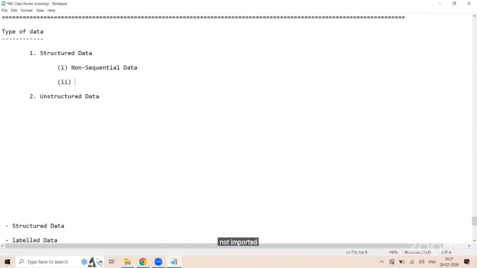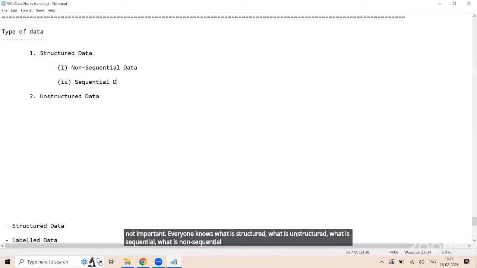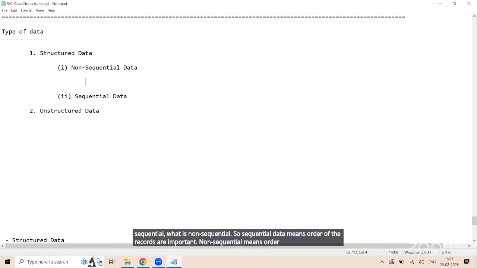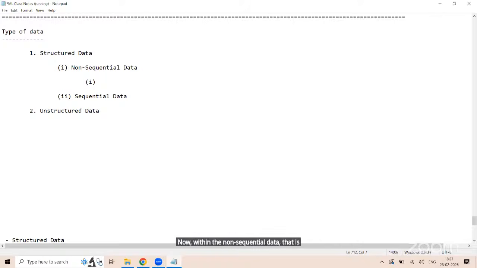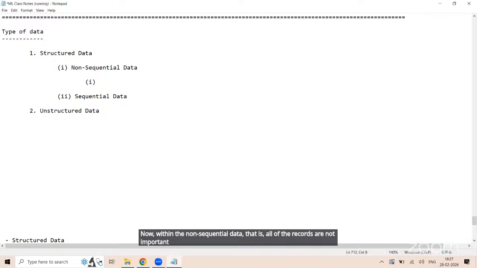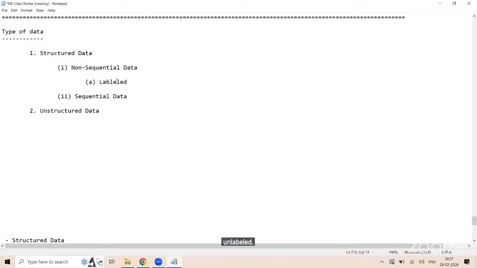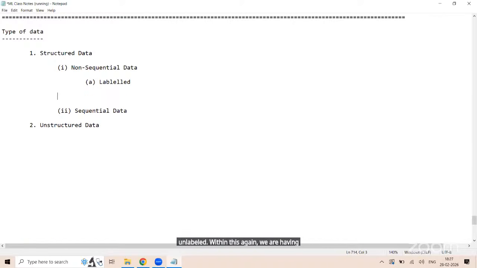Everyone knows what is structured, unstructured, sequential and non-sequential. Now within the non-sequential data, we are again having labeled and unlabeled data.